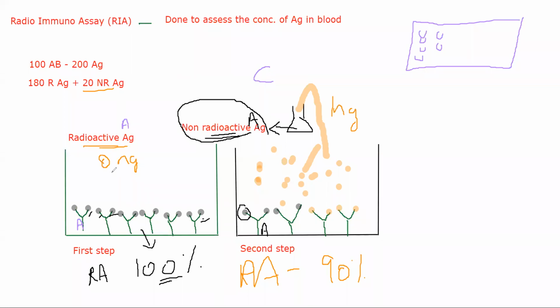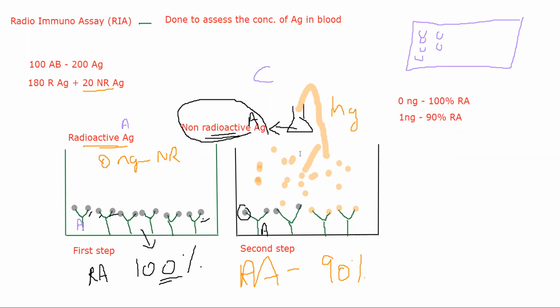I had radioactive antigen, but if I measure non-radioactive, it was 0 nanograms. I did not add anything. So I can also write it this way: 0 nanograms equals 100% radioactivity, and 1 nanogram equals 90% radioactivity.